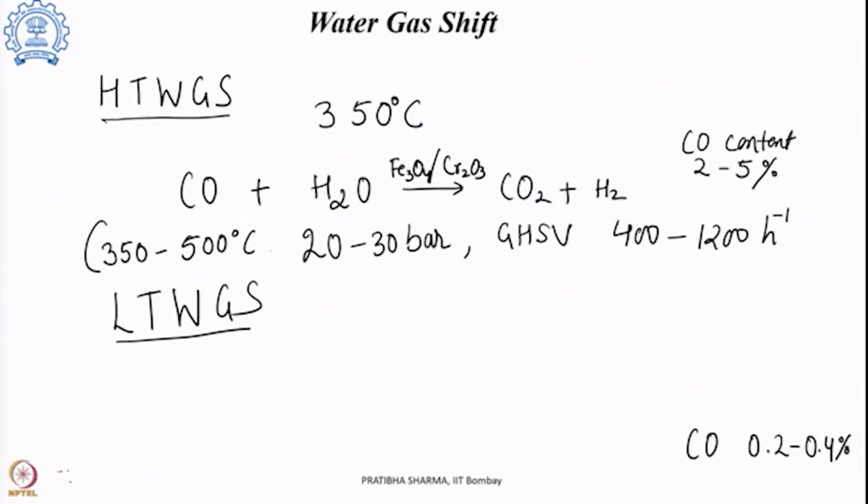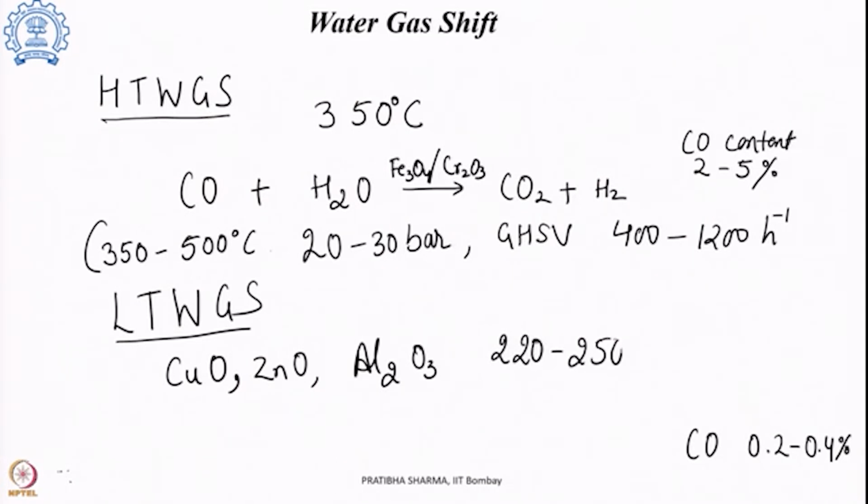In the low temperature water gas shift reaction, the catalysts used are zinc oxide and copper oxide on alumina, and the reaction takes place in the temperature range of 220 to 250 degree centigrade.